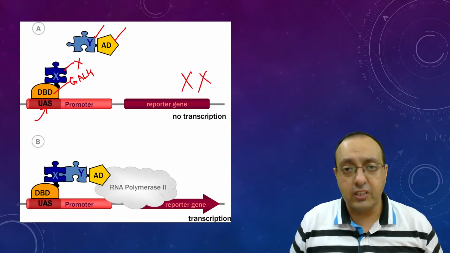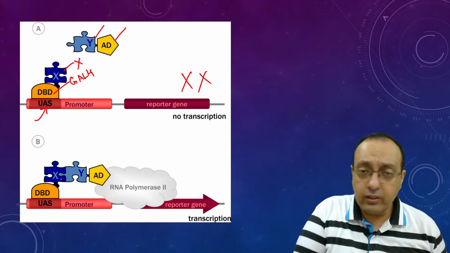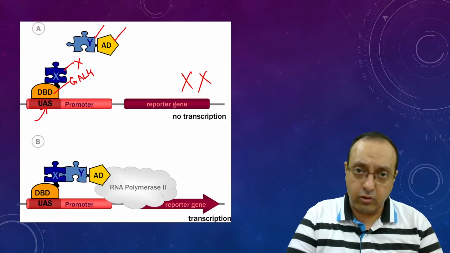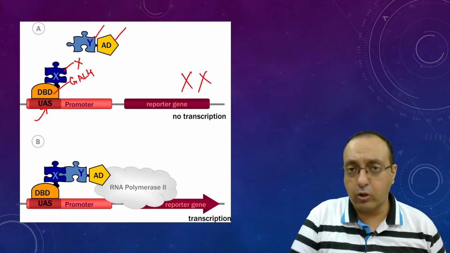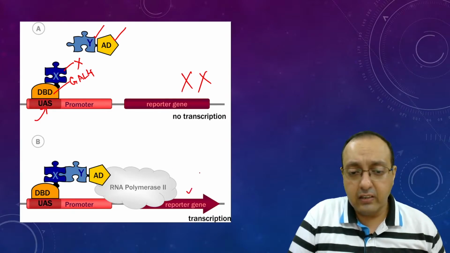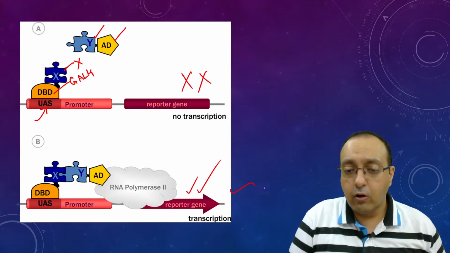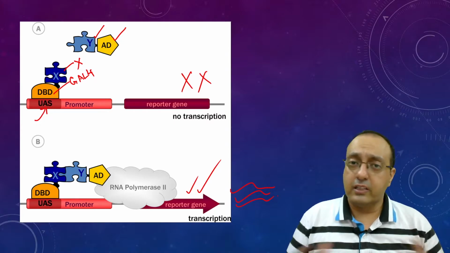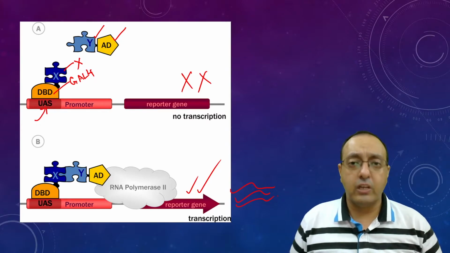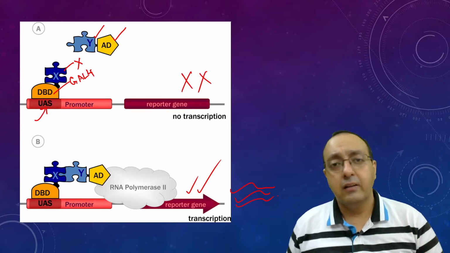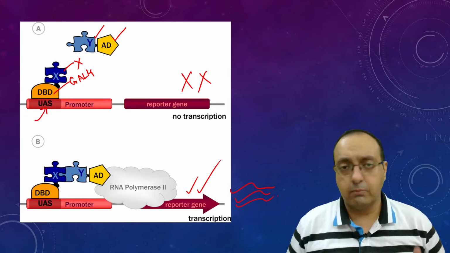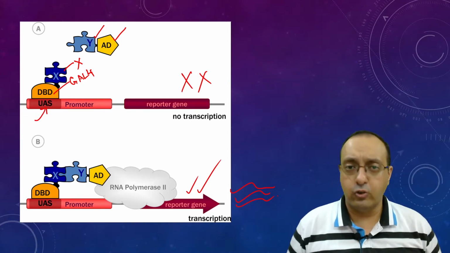So no reporter gene is transcribed. But if they do interact and they can recruit the transcriptional machinery along with RNA pol 2 and other cofactors, they can turn on the transcription. So you have a lot of RNA for the reporter gene. It can give a color, or it can produce a protein which is involved in metabolism and can be selected as a marker, for example histidine or tryptophan or uracil.